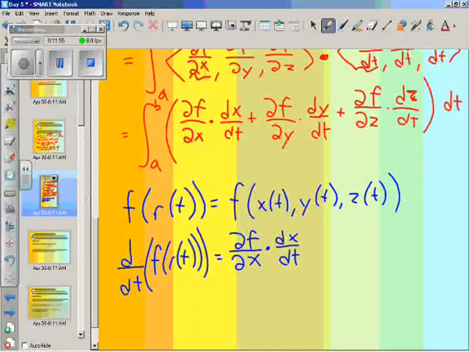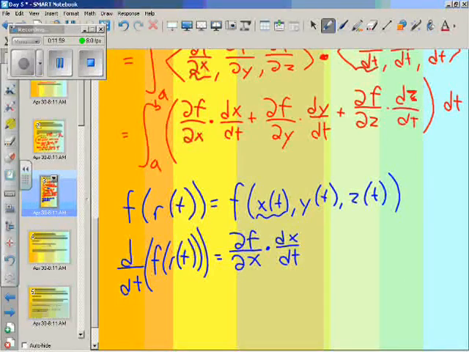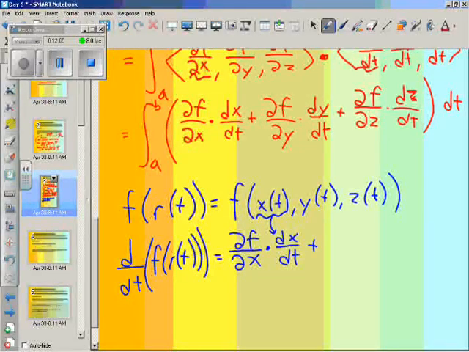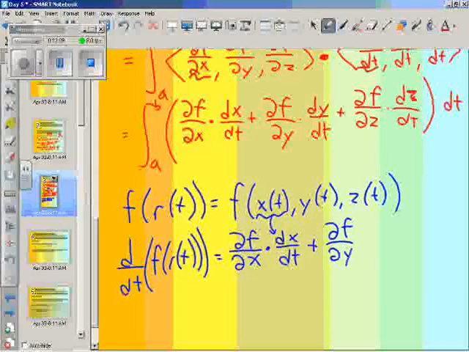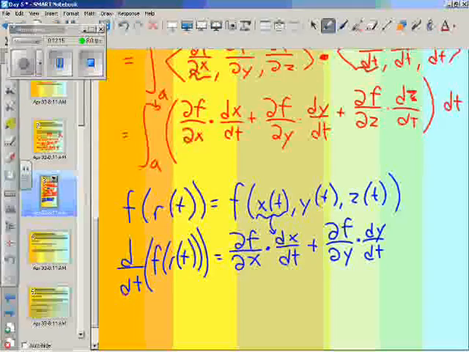So in other words, we took the derivative with respect to this variable, and then took the derivative of that variable. And then we do the same thing with the second variable. So we would differentiate with respect to y, and multiply by the derivative of y with respect to t.